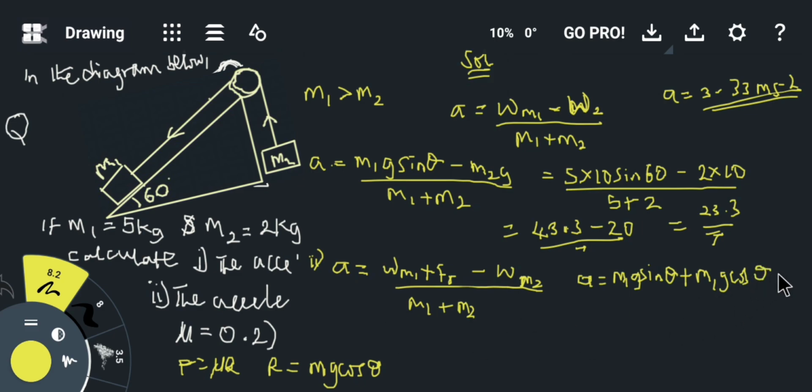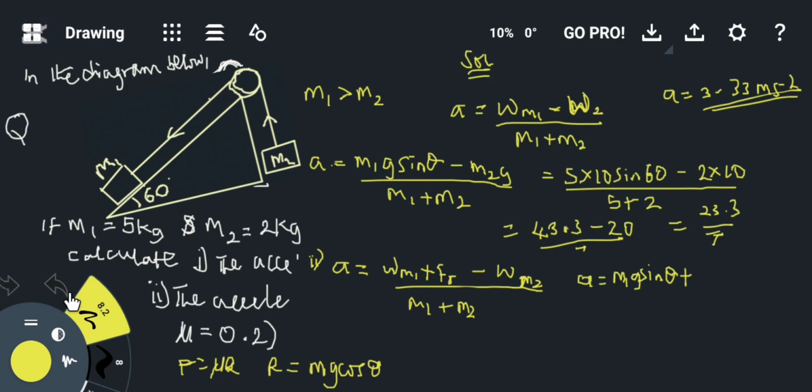This is the one involving the friction. I forgot to put the coefficient. So plus the coefficient of friction times m1g cos theta, and this is minus the weight of m2, which is m2g. The whole of these divided by the sum of their masses, m1 plus m2. So that is it. We go ahead and apply this formula.